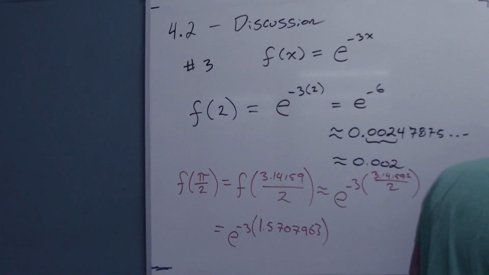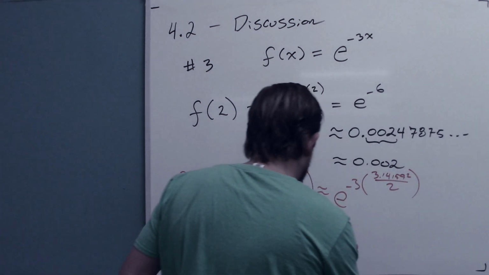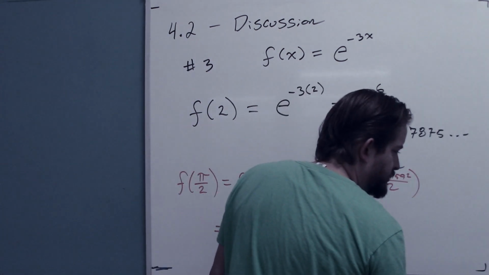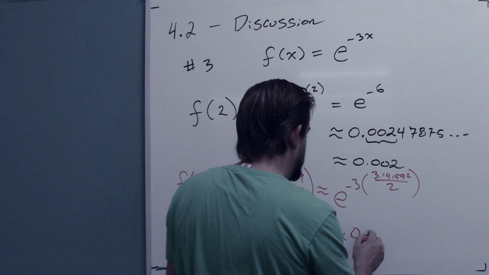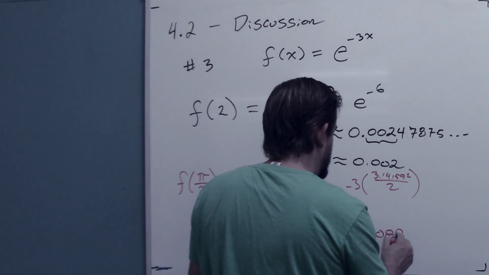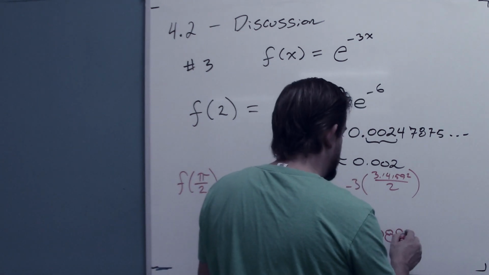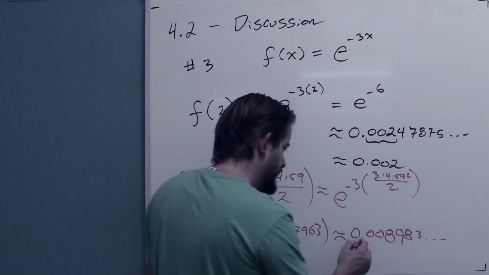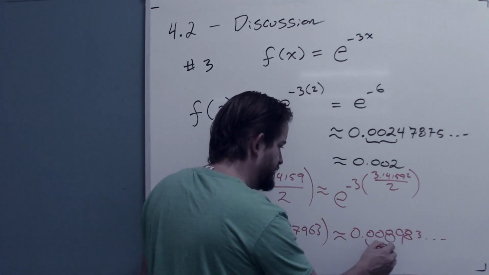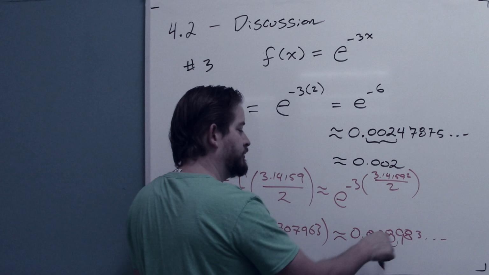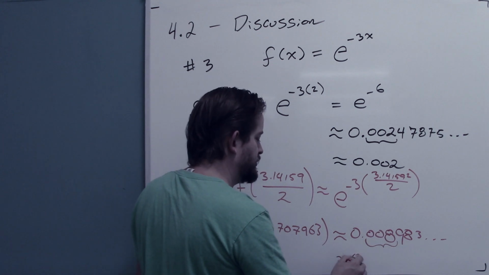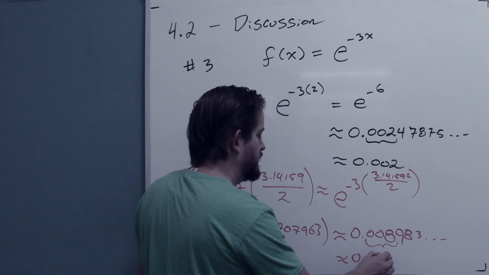So I have somewhere around 0.008983, and it goes on, yada yada yada. 3 decimal places is that 008, but the next digit's larger than 5, so this estimates to 0.009.